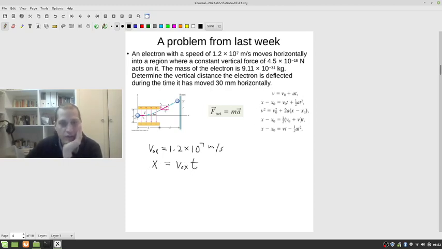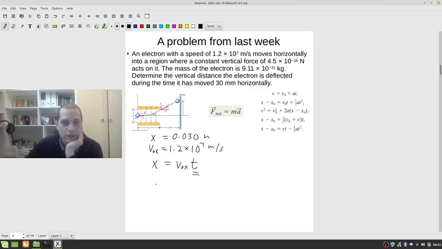And so if it tells me that it moves 30 millimeters horizontally, I can find out how much time this took because I know this, and I know my final x is going to be 30 millimeters, which is the same as 0.030 meters. Okay, so you can find out how much time that force was applied to your electron in the y direction.